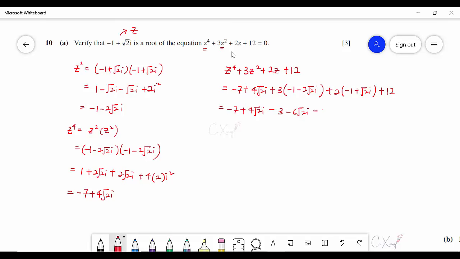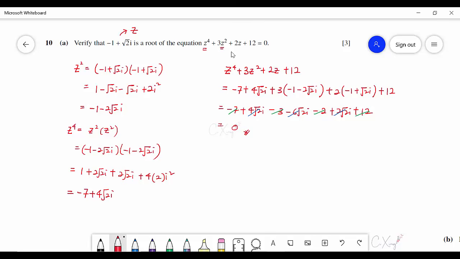So you expand everything, then you double check and see. -7 minus 3 is -10, minus 2 is -12, plus 12 equals 0. Then you also have 4 square root 2i minus 6 square root 2i plus 2 square root 2i. Again you can see that it equals 0.